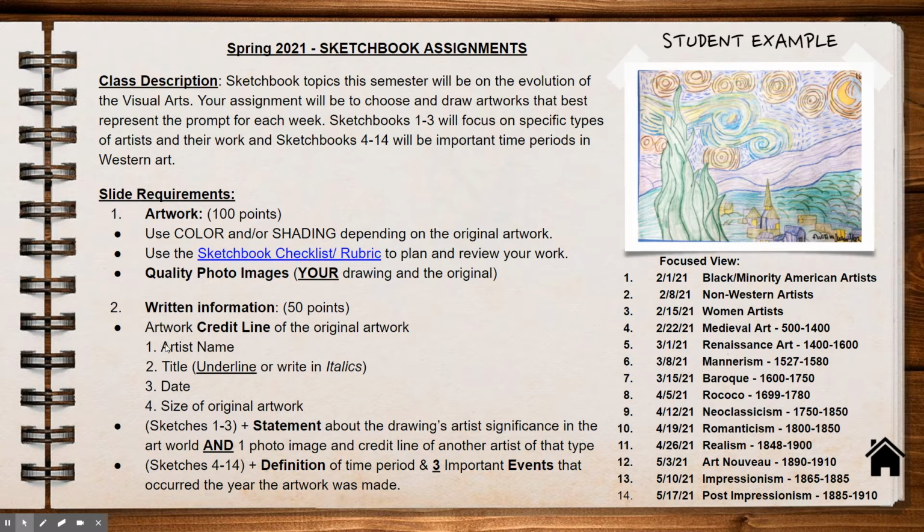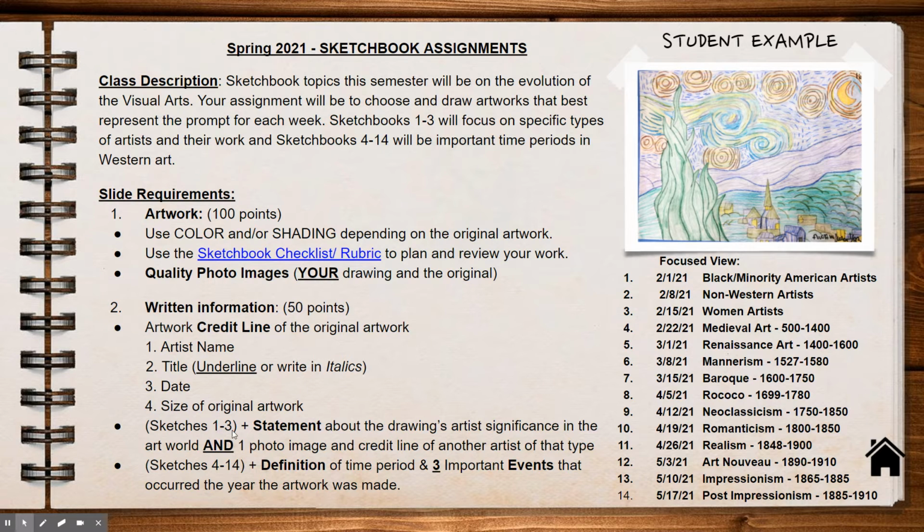Next, there's some written information that you're just going to type in. So the written information that you're going to type in is the credit line, which is the information about the artwork. And that's the artist name, the title, the date, the size of the original artwork. That's going to be included. And then additionally, there's some extra stuff besides just writing the credit line.